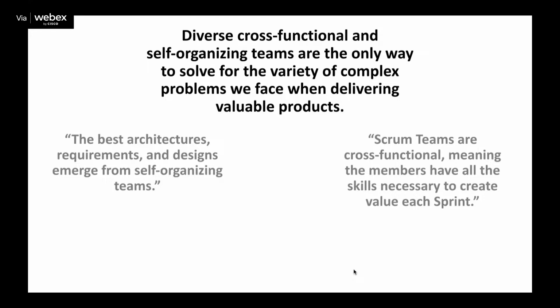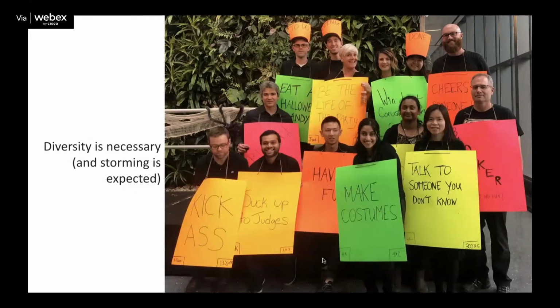So here's a diverse team. This is the same team, a couple of teams actually, that were in that previous slide. They decided at Halloween that year to go as a Scrum board. And this was an incredibly diverse team. You can see diversity here, but there's even more diversity than what's visible in this picture.